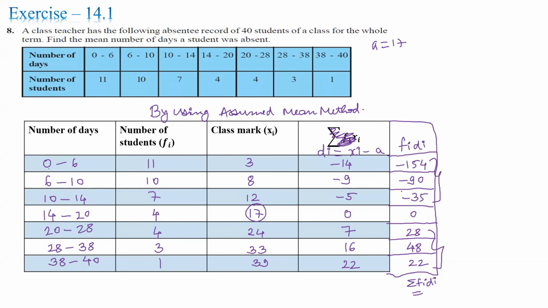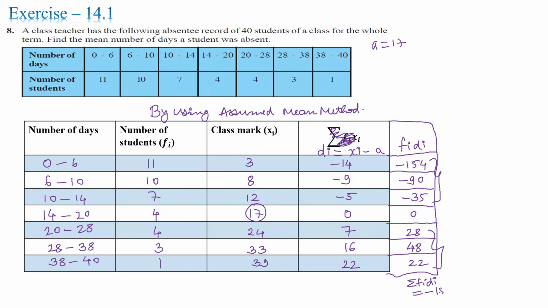How much is the sum of the negative values coming? Tell me the sum of negative and positive. Harsh, is it coming positive or negative? It will come negative because negative values are bigger.